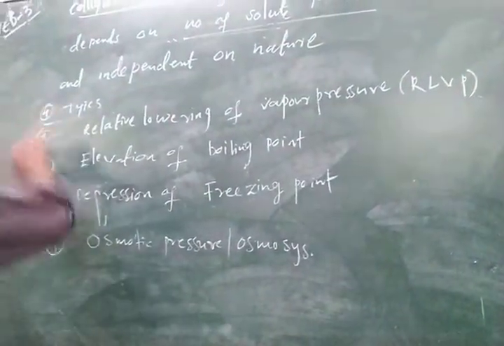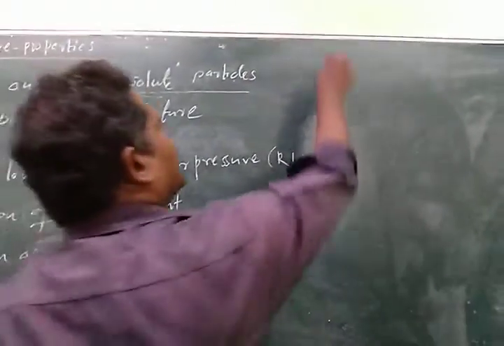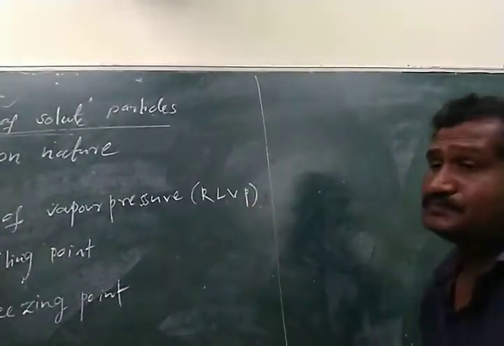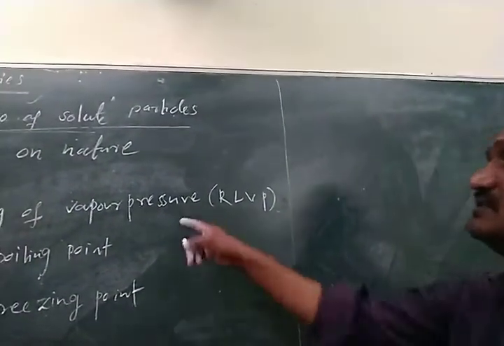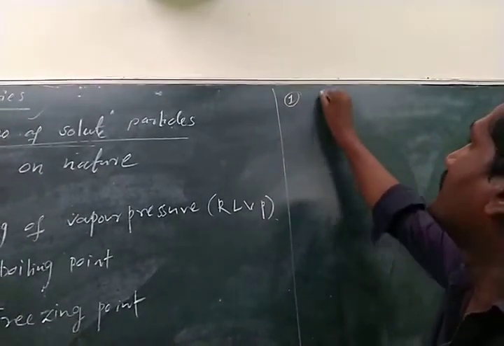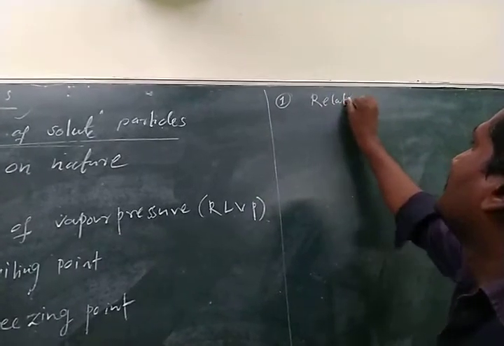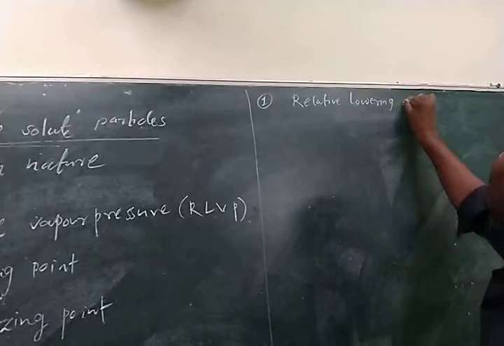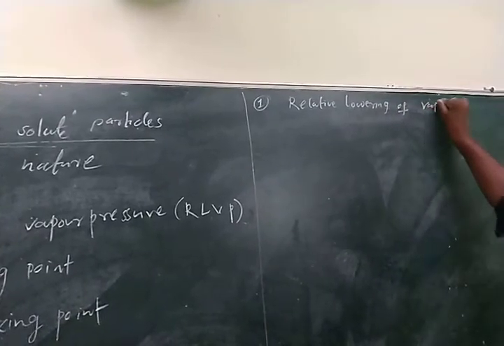First we will discuss relative lowering of vapor pressure. This we already discussed in the previous class. It is related to Raoult's law, from Raoult's law. So first one, relative lowering of vapor pressure.